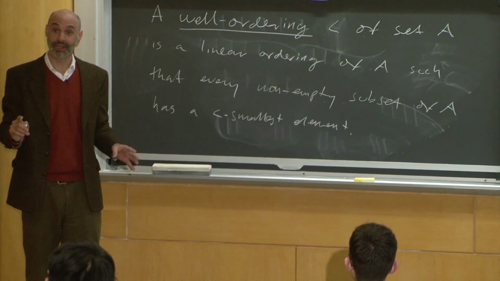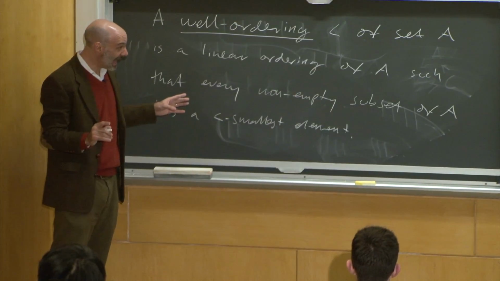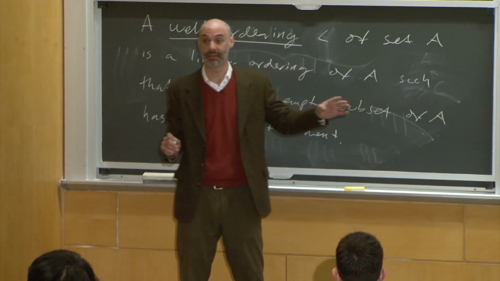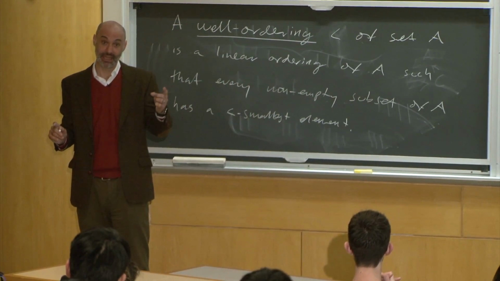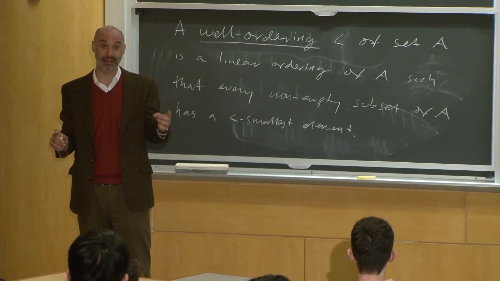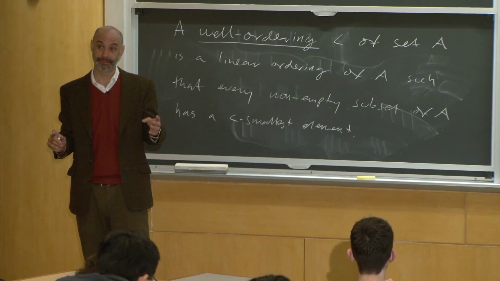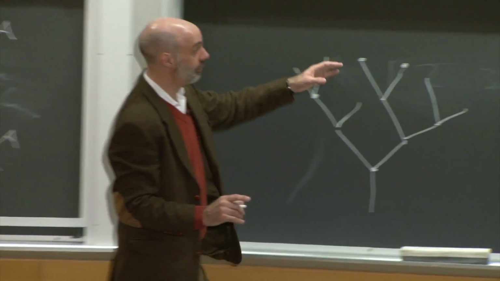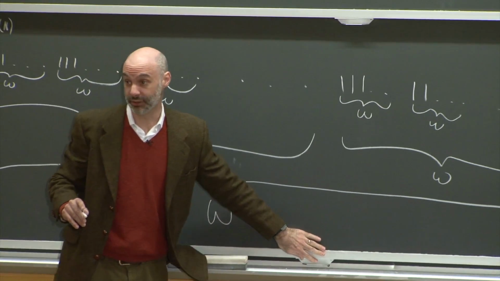The extra property is that if you take any non-empty subset of A, any one you want, it's going to turn out to have some element that counts as the smallest element of that subset according to the order. So the canonical example of a well ordering is the standard ordering of the natural numbers.